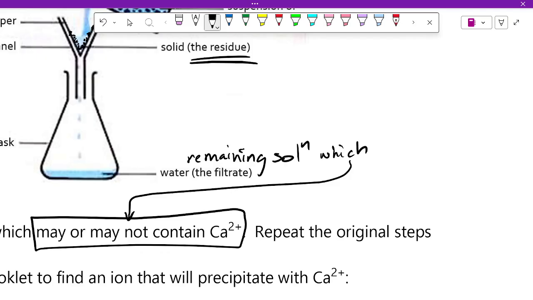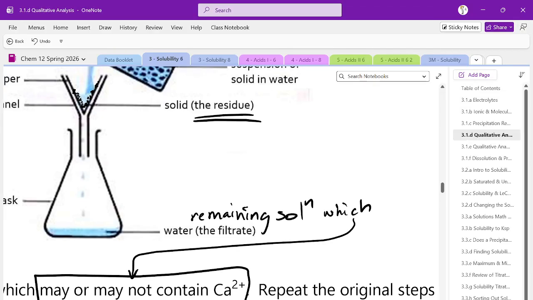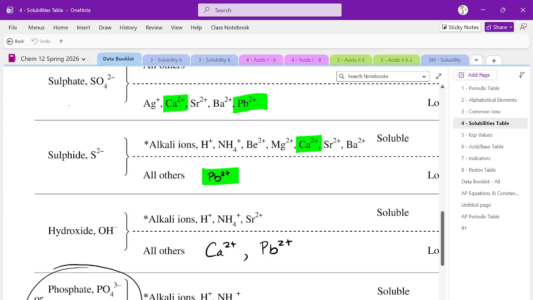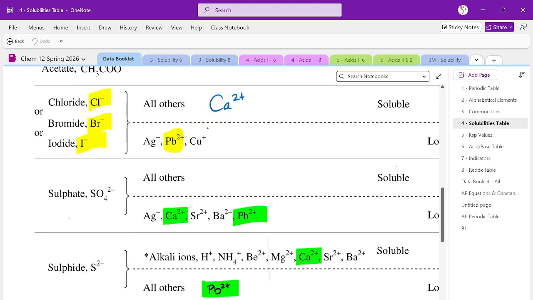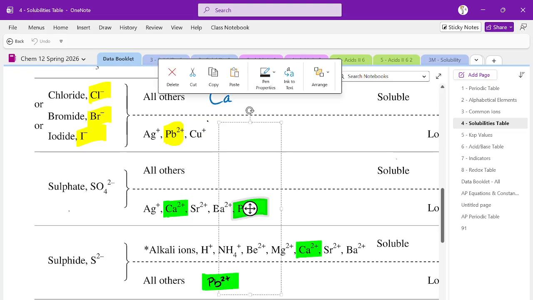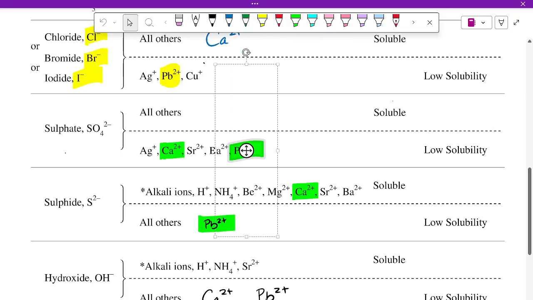And now we need to say, do we have calcium? Please go find me an ion that will precipitate with calcium. We could use sulfate, for sure. Anything else?